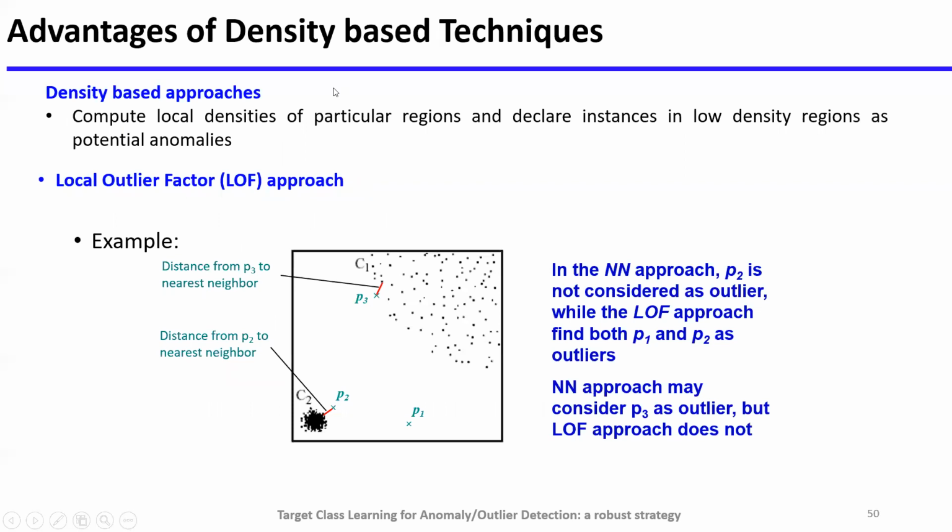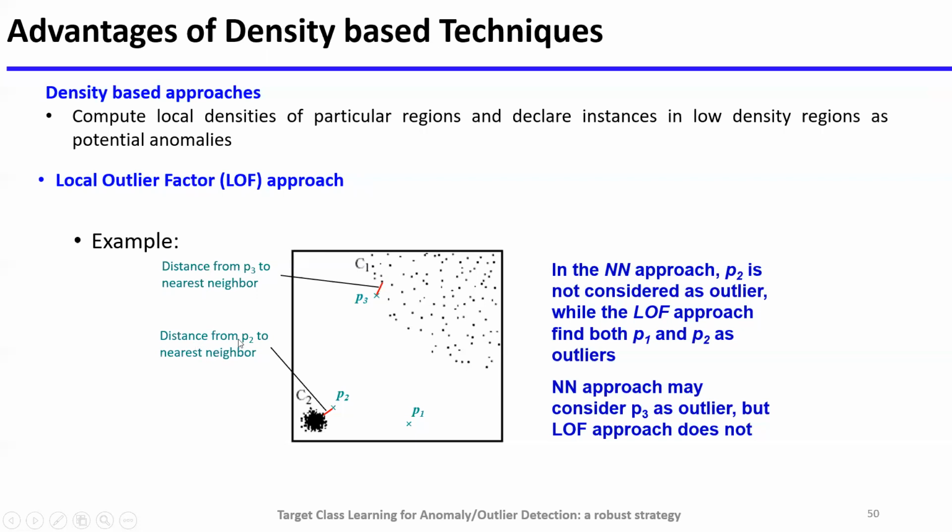One of the popular approaches here is the local outlier factor approach. You can see the data distribution here. It is very dense in parts, and not very dense elsewhere, but most of the data points are together. So you see this P3, one data point. The distance from P3 to the nearest neighbor is very small, it is very closely located.